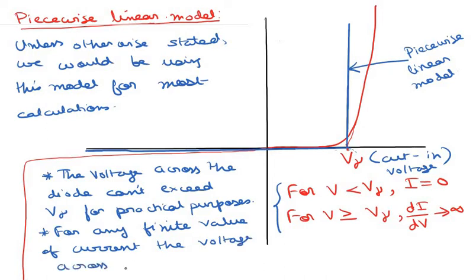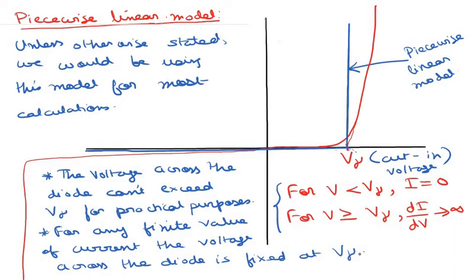So when the diode is conducting, the voltage across the diode is fixed at V gamma. When the diode is not conducting, the voltage across the diode is less than V gamma. So this is what this model means.